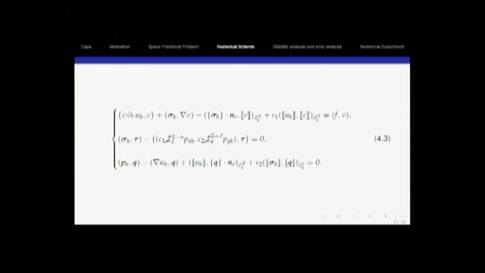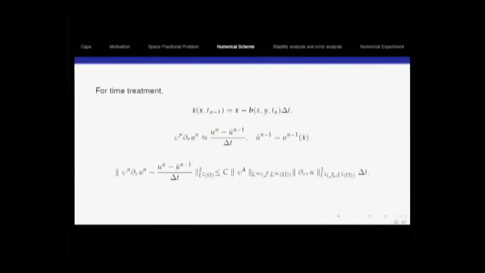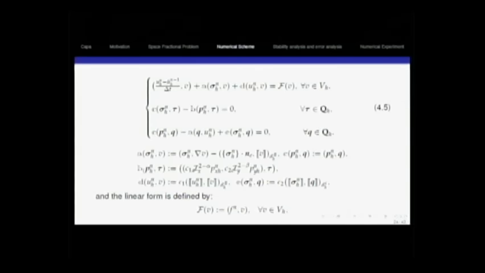Okay. Now we didn't treat time. We just use the discontinuous analytic method for space, the fractional space problem. Then we use the characteristic method for time, because you have some estimation about this method. From this we substitute here, then we can get the completely discrete equation. I use that here. Okay.